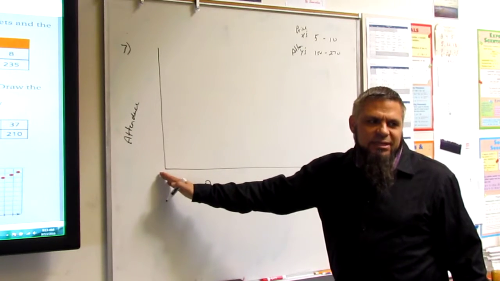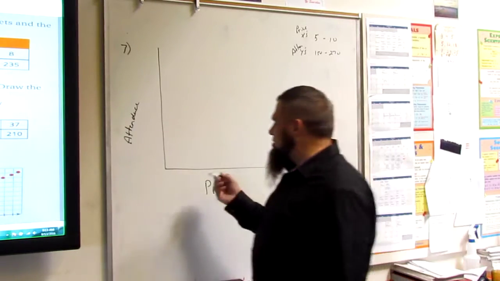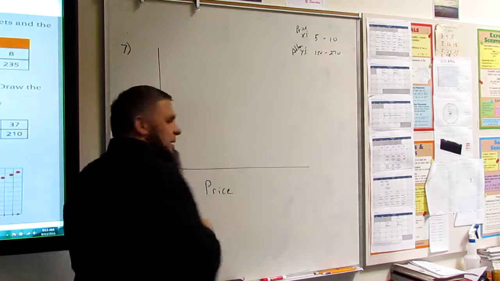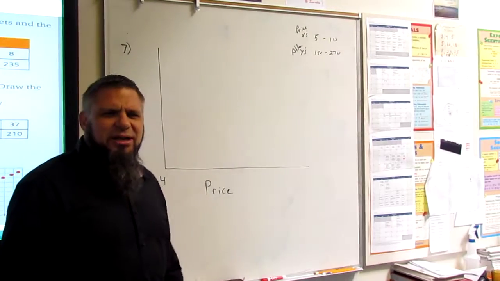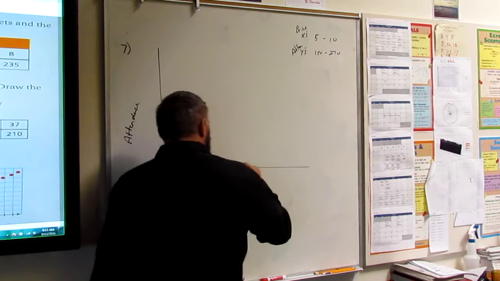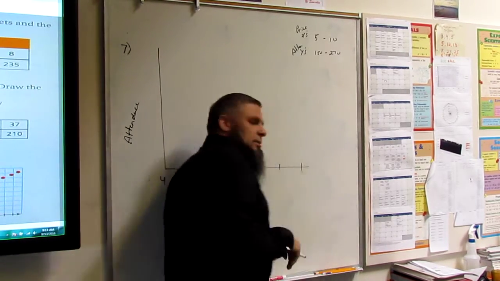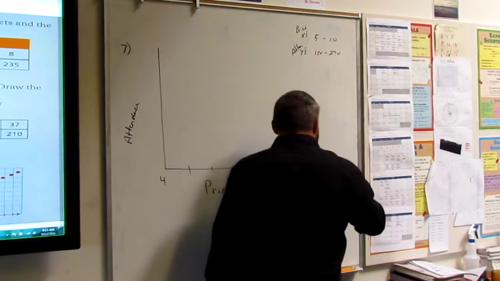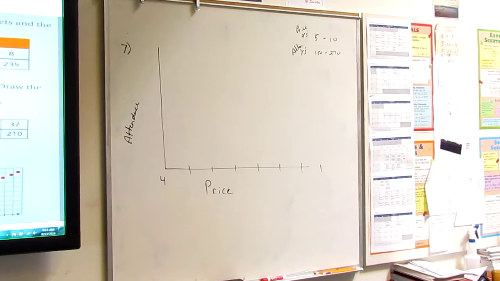If it goes from 5 to 10, I'd like the 5 to be out here. So why don't I start with 4, and since it's 5 to 10, I can go up by 1s. So 5, 6, 7, 8, 9, 10. And I could throw in an 11 there if I want, just for shoots and giggles.